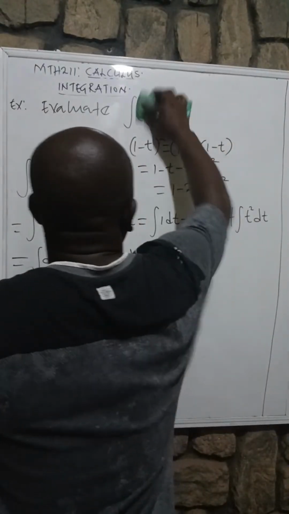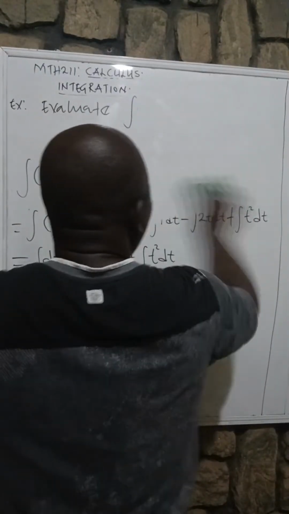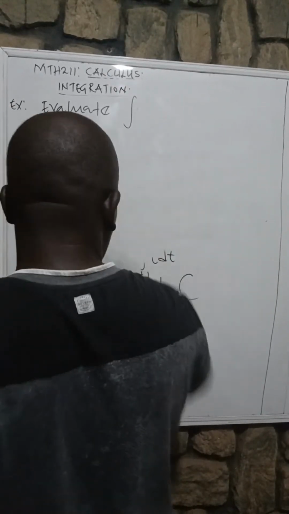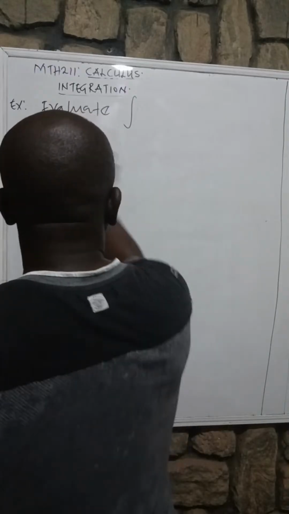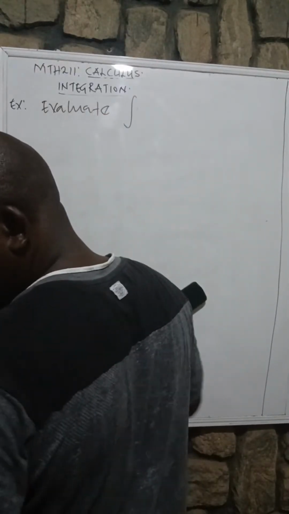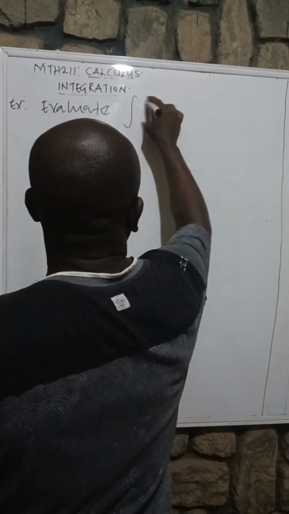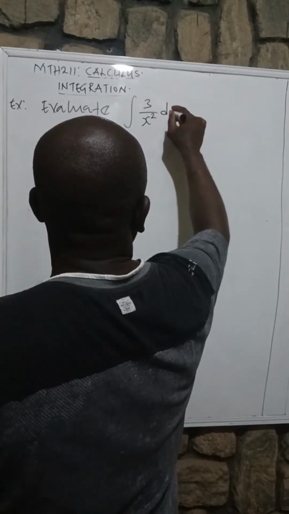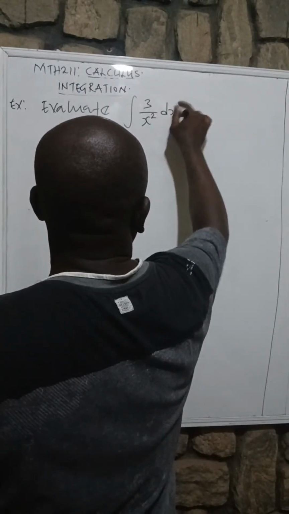So let's look at it together. Let's look at another problem together. Here we have integrate 3 all over x squared dx.